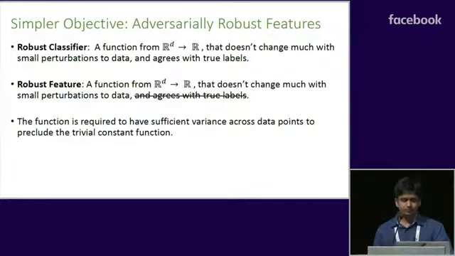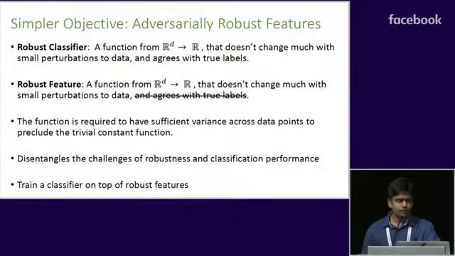I want you to give me a function from data points to reals that doesn't change much with small perturbations to data, but it need not agree with true labels. Such a function can be thought of as a robust feature. And in addition, we require this function to have sufficient variance across the data points to preclude the trivial constant function. So this way of looking at the problem disentangles the challenges of robustness and classification performance.